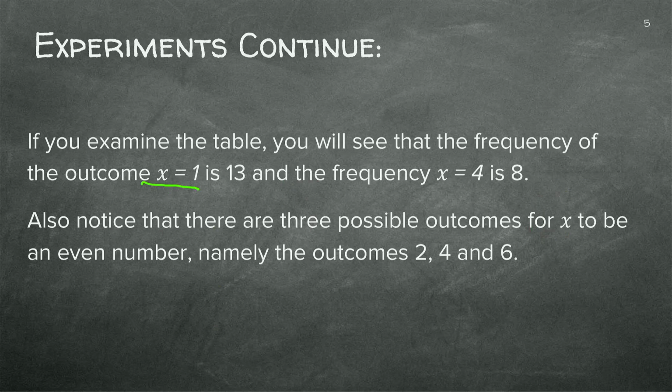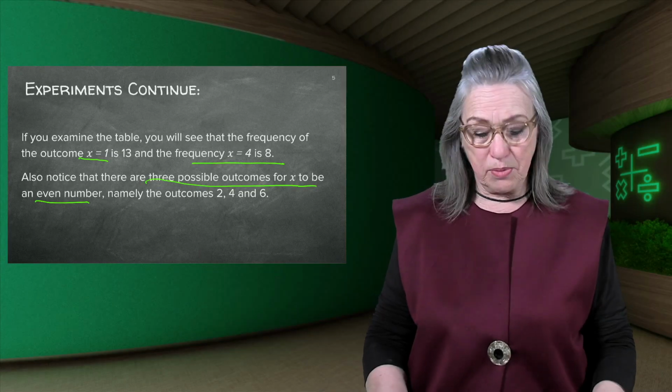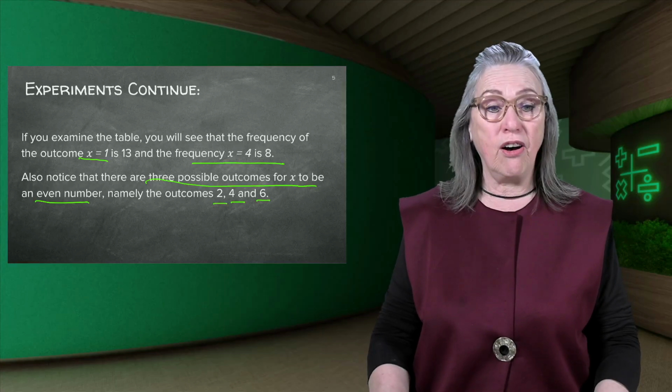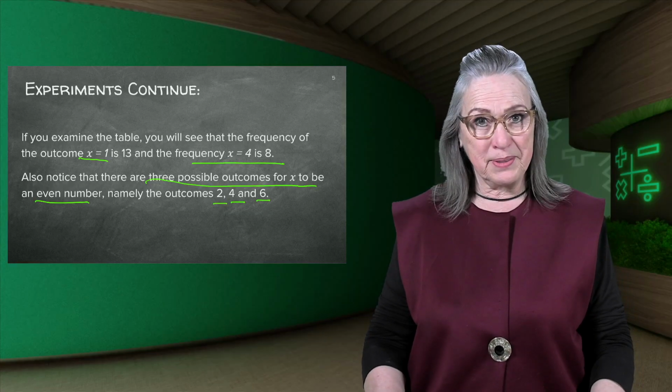Okay? So the frequency of X equals 4 is 8. Also notice that there are 3 possible outcomes for X to be an even number. Now, isn't this exciting, what we can do with numbers? So there are possible 3 outcomes, which then will be 2, 4, and 6, because they are even numbers.